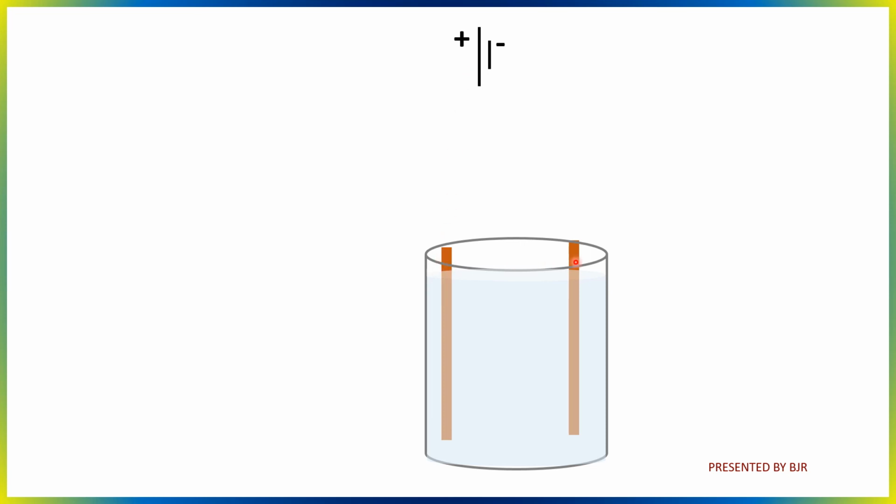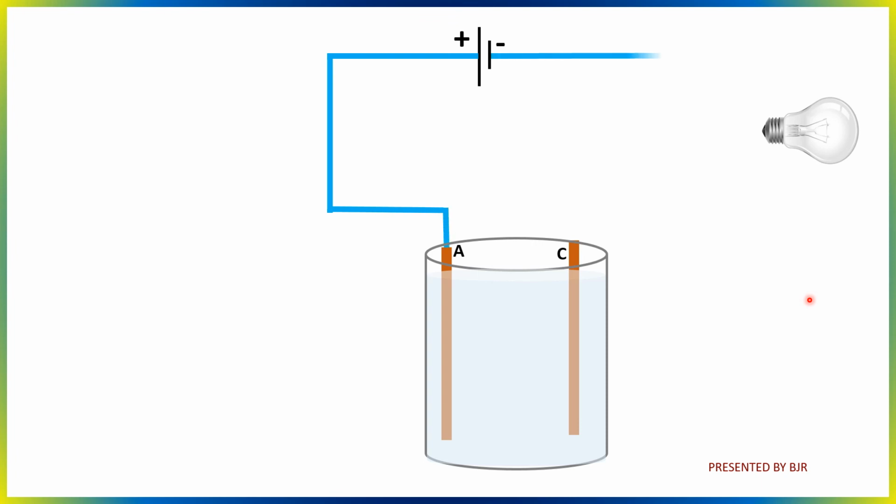The electrode to which the negative terminal of the battery is connected is called the cathode. See here, anode and cathode. Here is a bulb. That's all. And in this way, I have connected the circuit. And the circuit is kept open only.